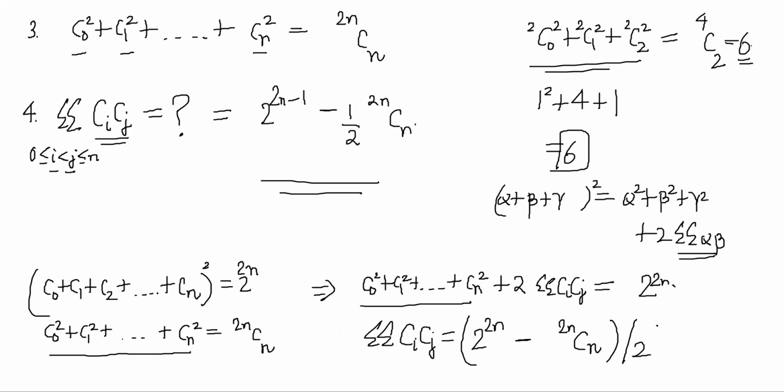Okay. Then some more identities. Let's see this one: nCr plus n minus 1 Cr is equal to n plus 1 Cr. So this identity, think about it.